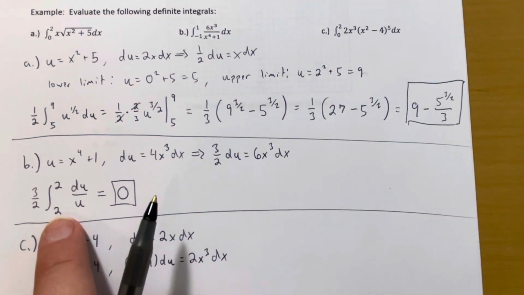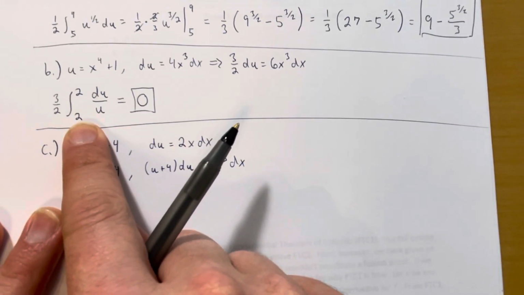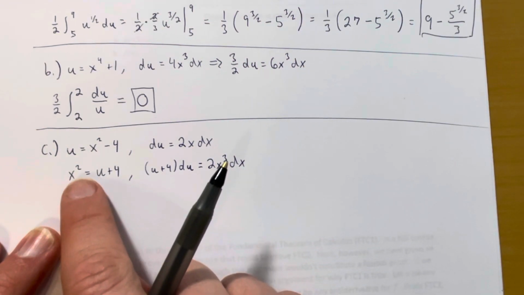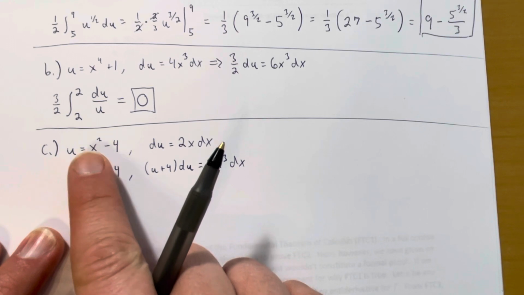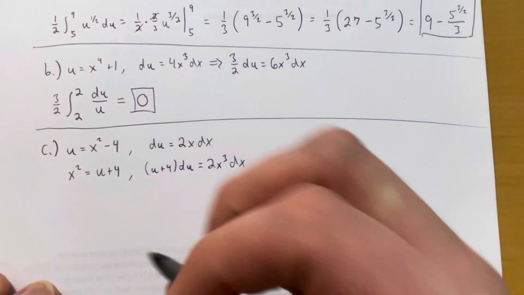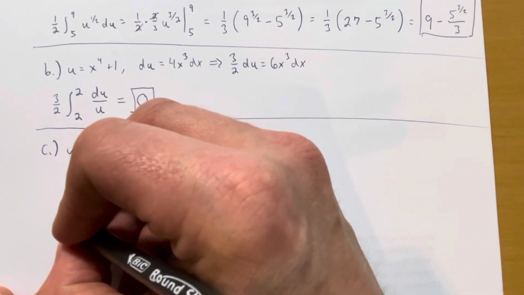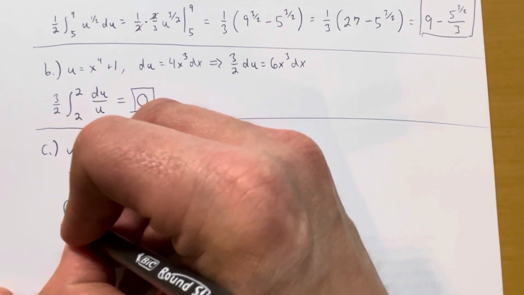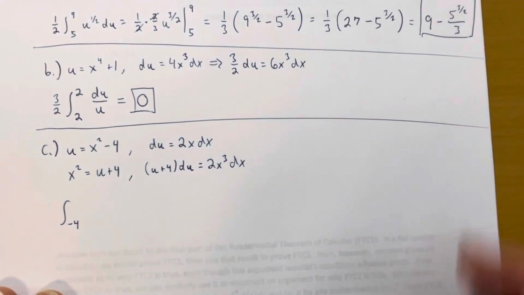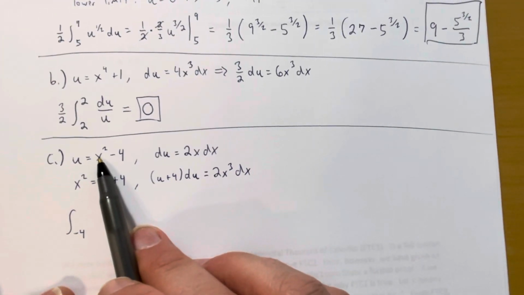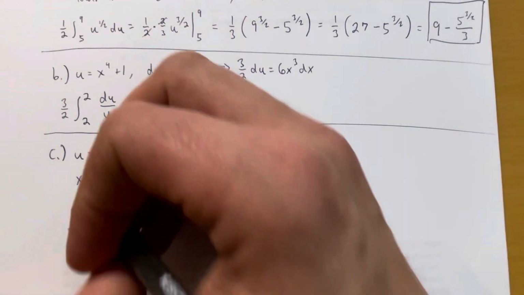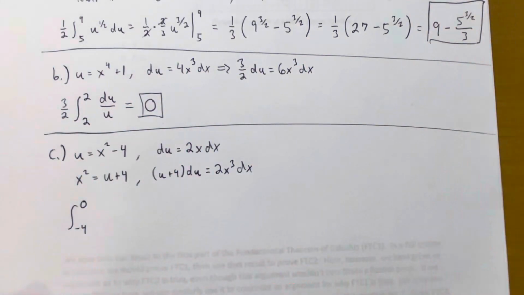If I plug 0 into this, 0 squared is 0 minus 4, that would be negative 4. So my lower limit of integration is negative 4. My upper limit of integration, I'm going to take this 2, plug it into the x. 2 squared is 4, minus 4 is 0.